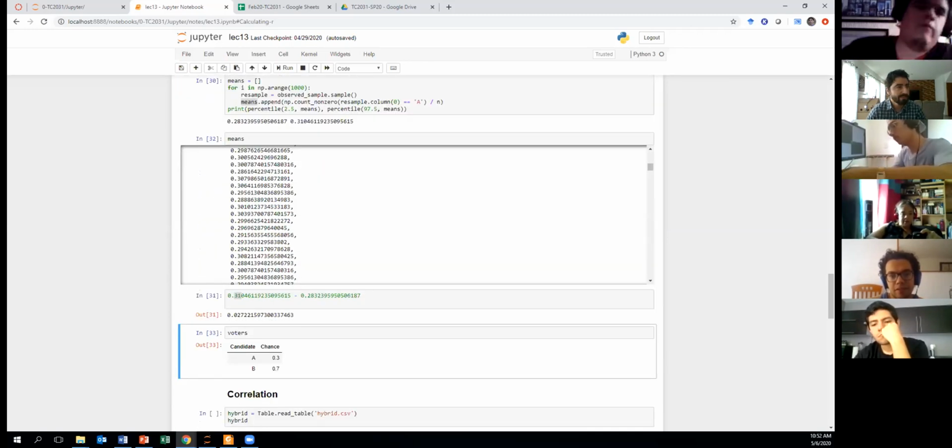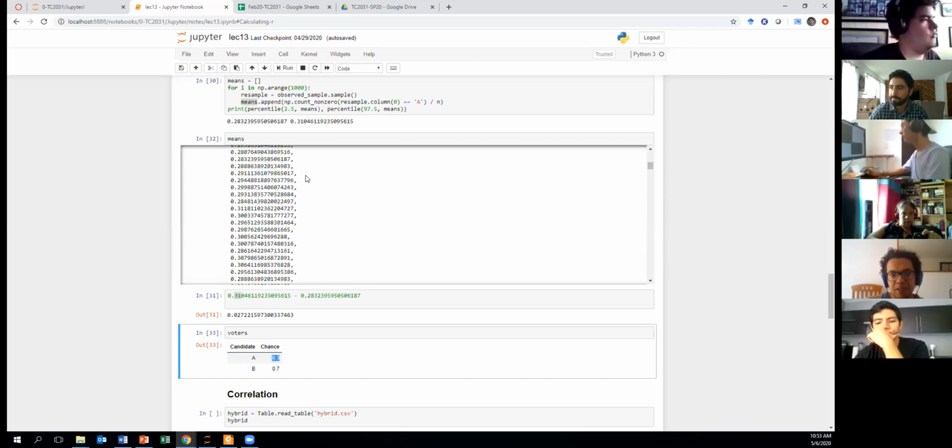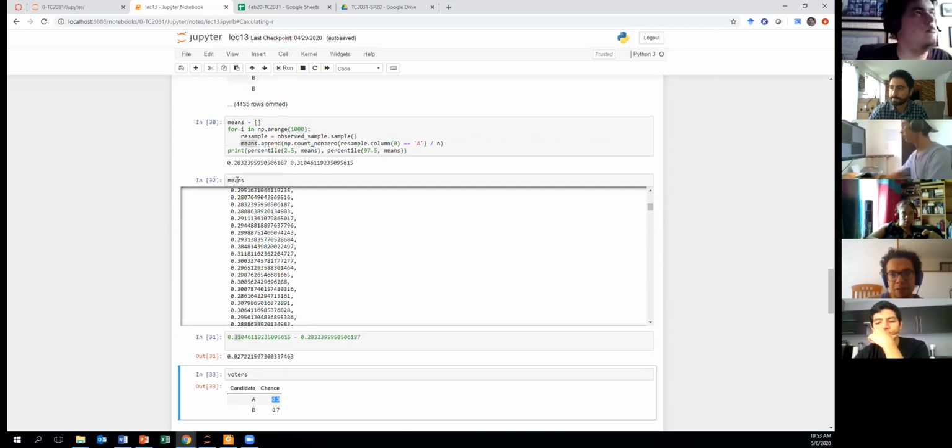If in the code you change the A for B, it's going to show. In the code above, it says the sample column equals A. If you change that part to B, it will show the other candidate.